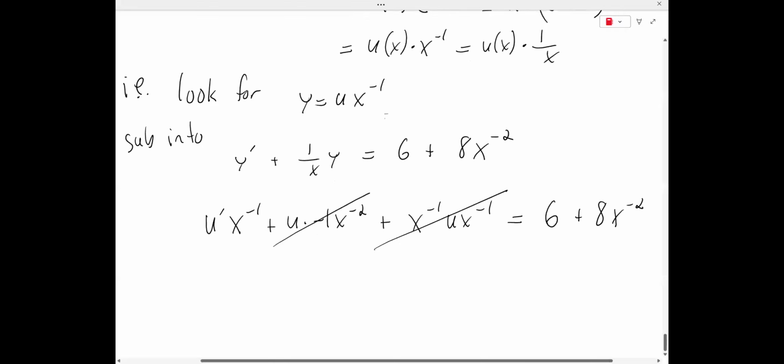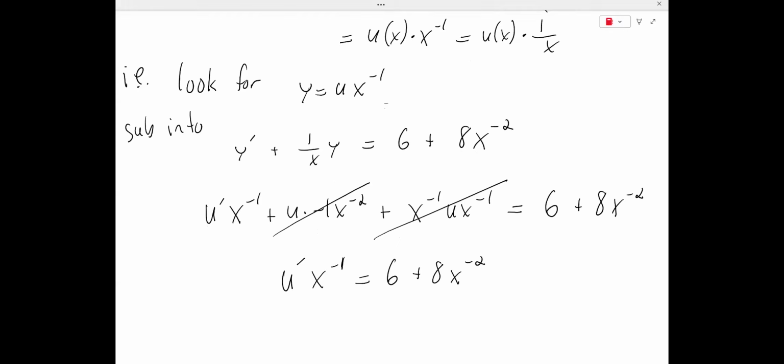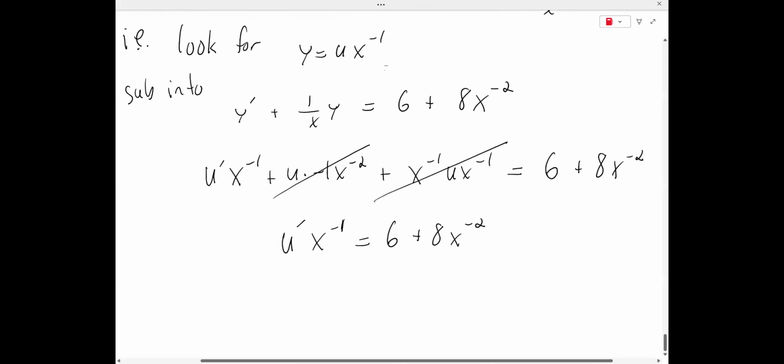Right, so now we have u prime, x to the negative first, equal to 6 plus 8x to the negative second. Okay, and now if I look at u prime by itself, I can multiply through by x to the first power.